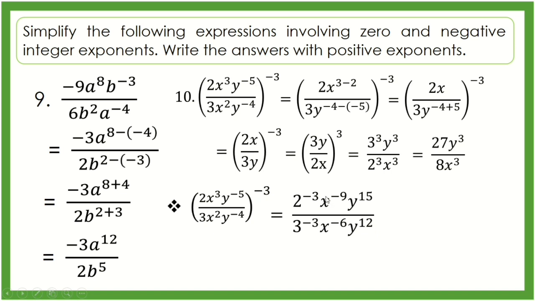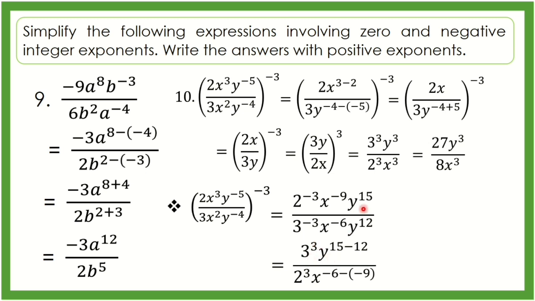Okay, so meron pa rin tayong mga negative exponent. Okay, so si 2 raised to negative 3, magiging 2 cubed na siya. Nandito na siya sa denominator, sa baba. And then si 3 raised to negative 3 dito sa denominator, nandito na siya sa numerator.